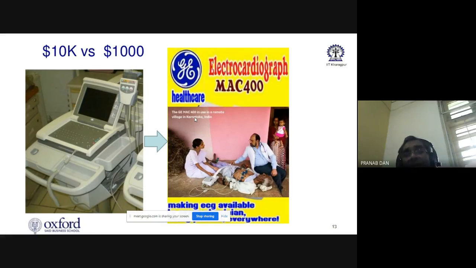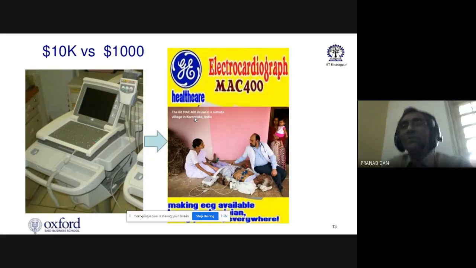You can see that it is being used in our country now, and more importantly, it is a reverse innovation. It has also been exported to countries in the West, and they are using it for their emergency purposes. So that's a great example of reverse innovation, where the features have been lessened.